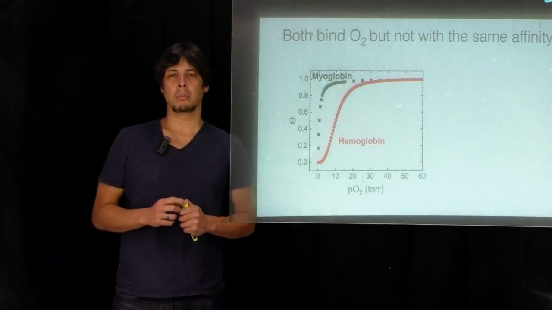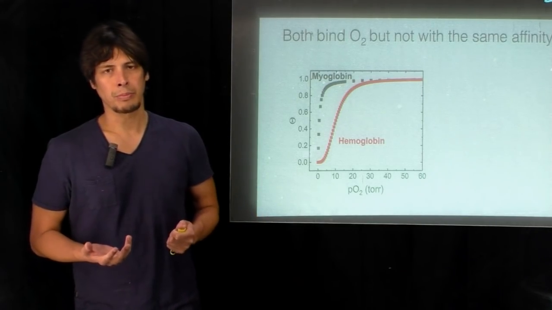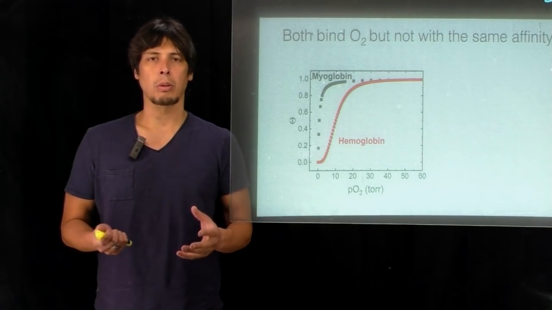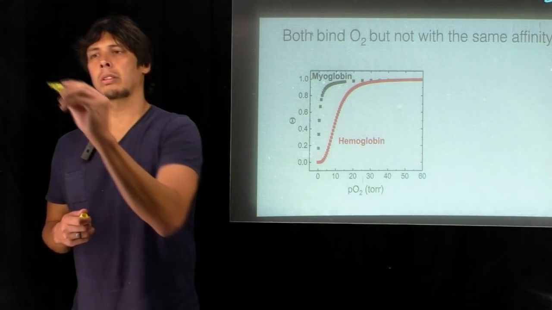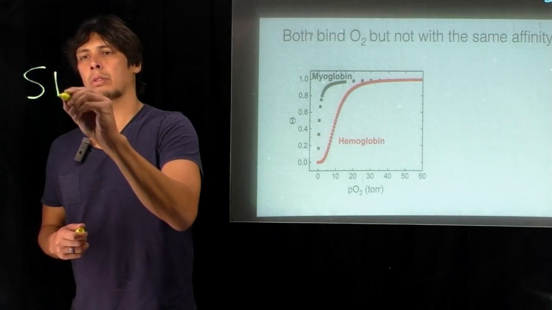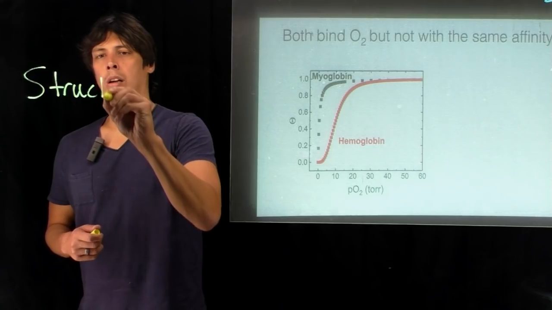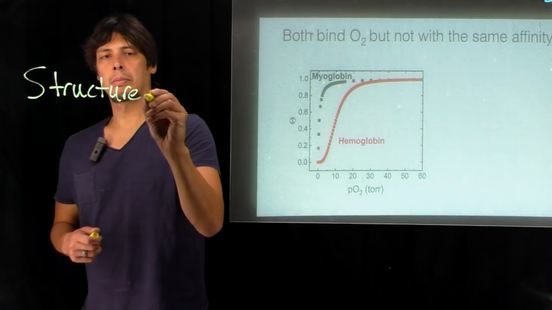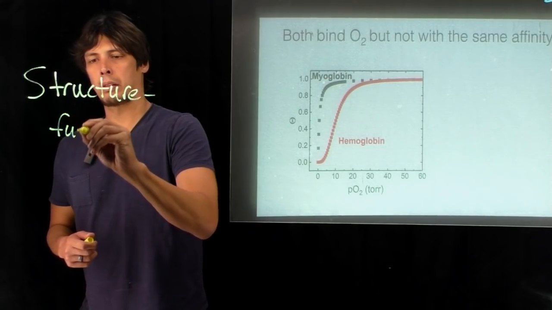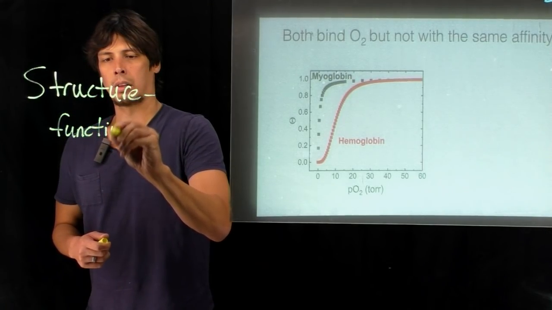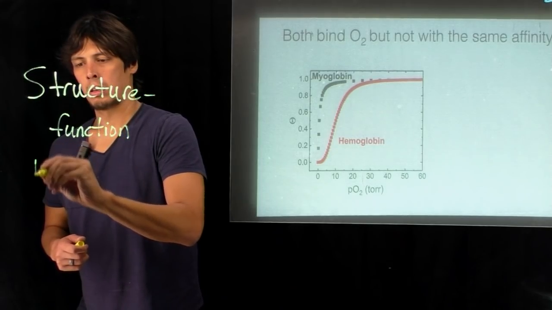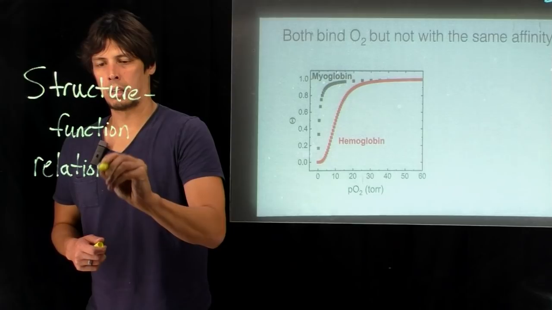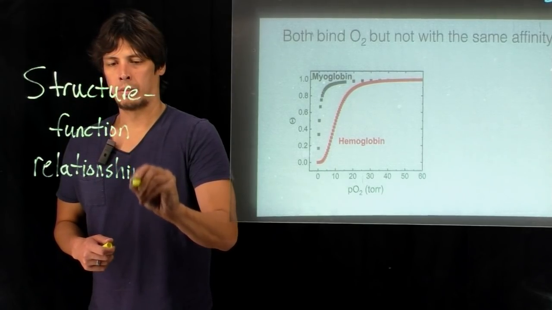Now, we're going to start putting all this together to look at different chemical reactions that proteins can perform. And so in this way, we're starting to introduce the concept of the structure-function relationship.